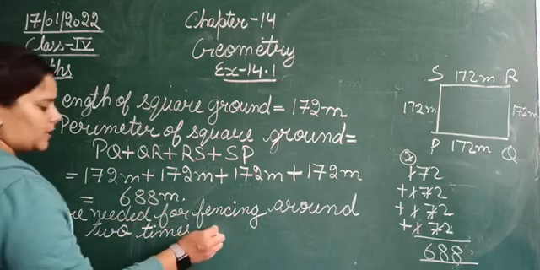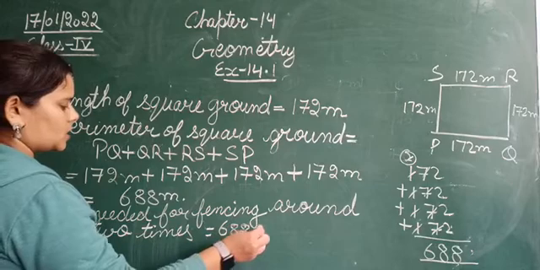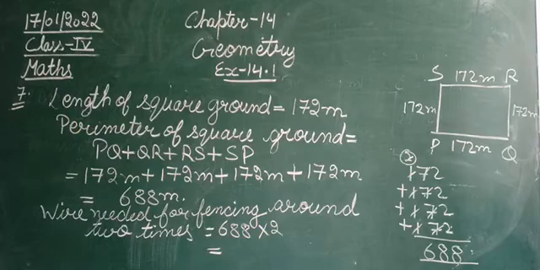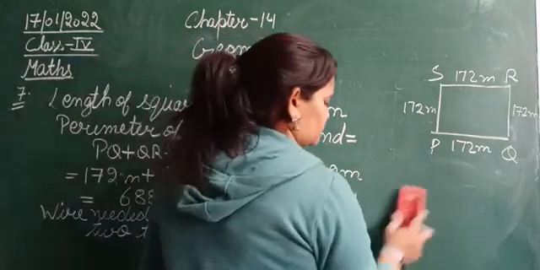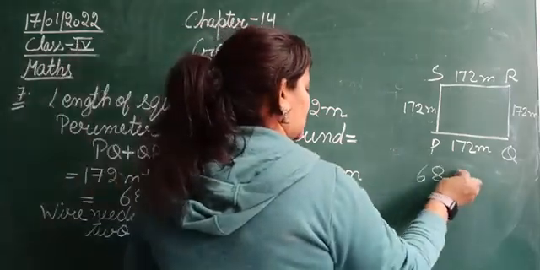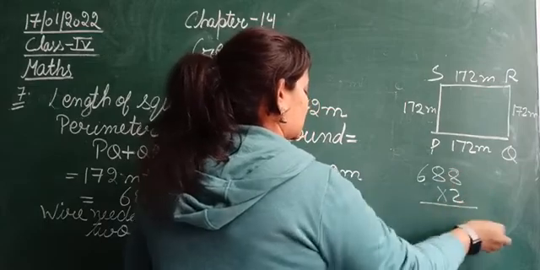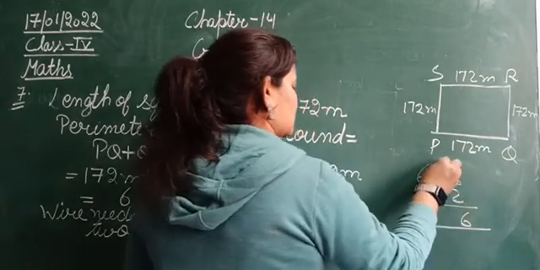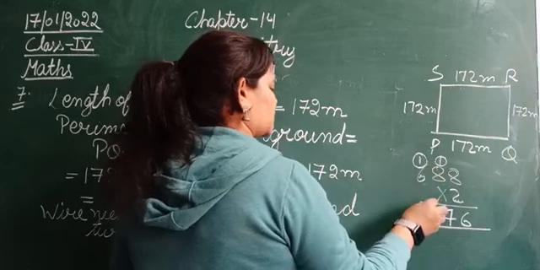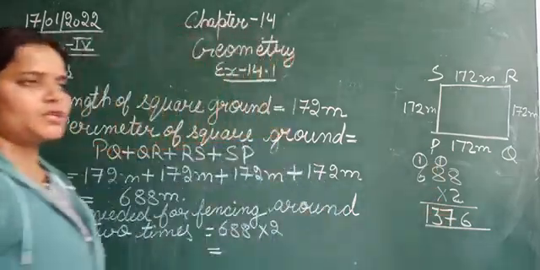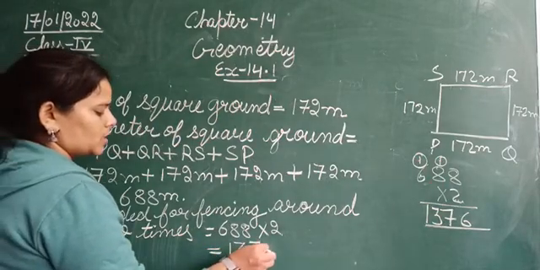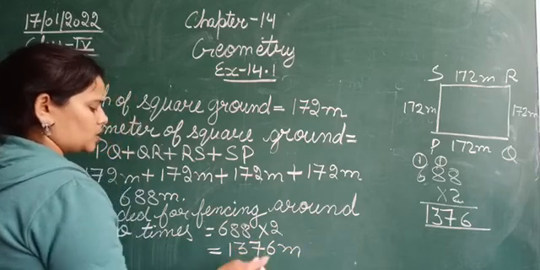Okay, so for that just multiply 688 with 2. 688 multiply by 2. 2 8s are 16. 2 8s are 16 plus 1, 17. 2 6s are 12 plus 1, 13. So this is 1376 meter.